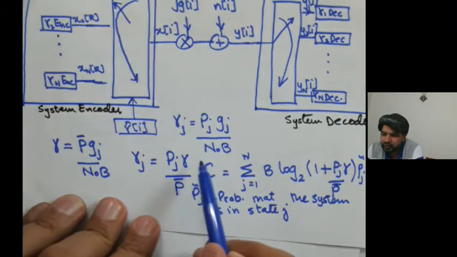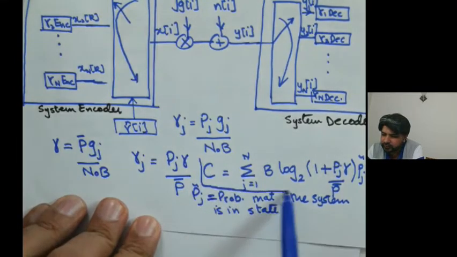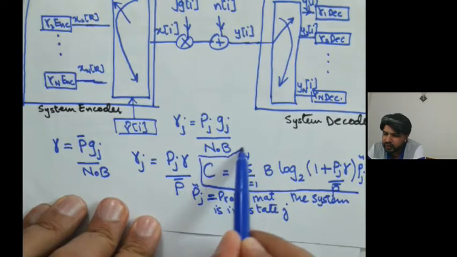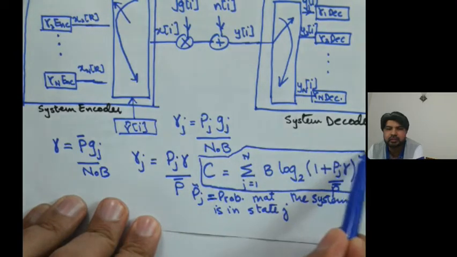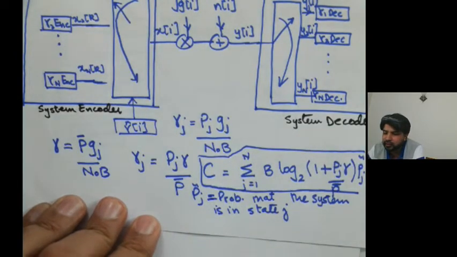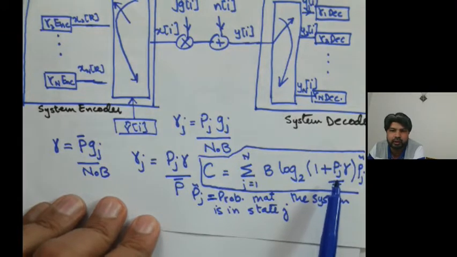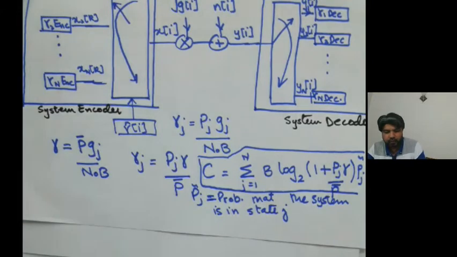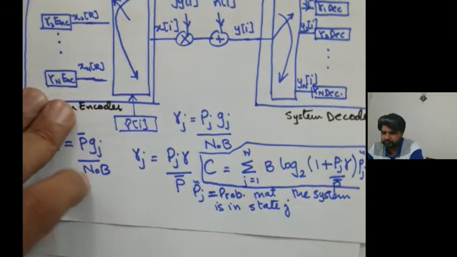But that is your capacity, and that can still be maximized. Why? Because this power, you can control that power. So what would be the maximum capacity? What would be the optimal capacity under these conditions?